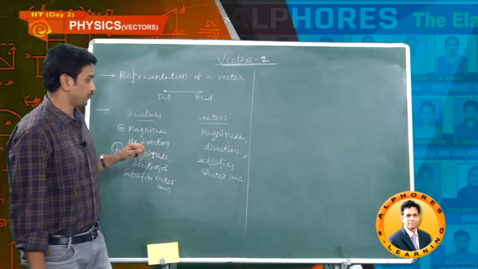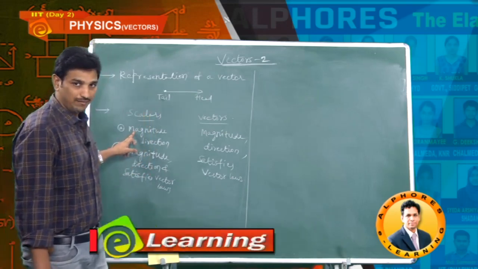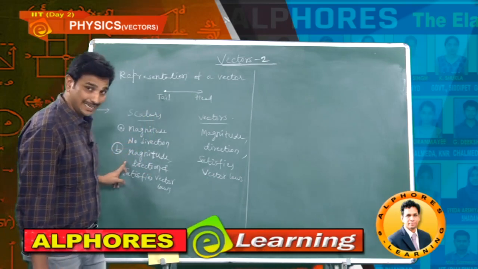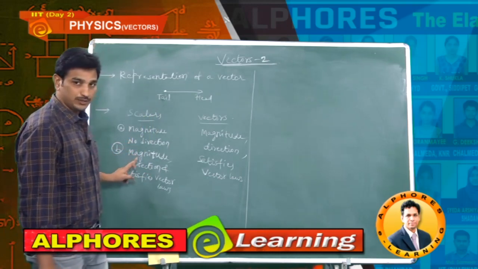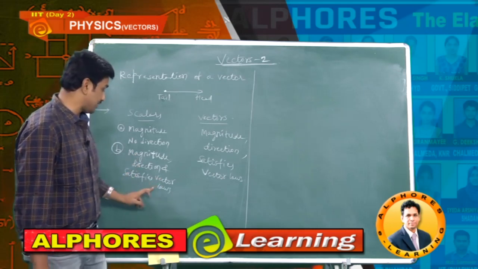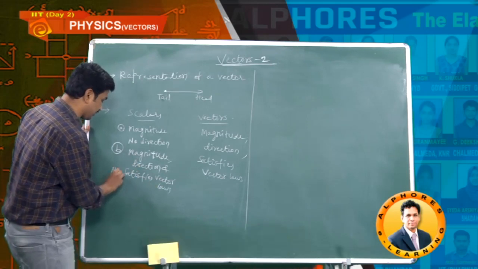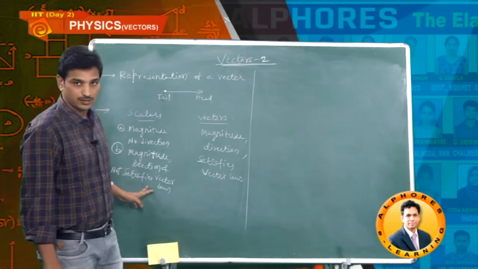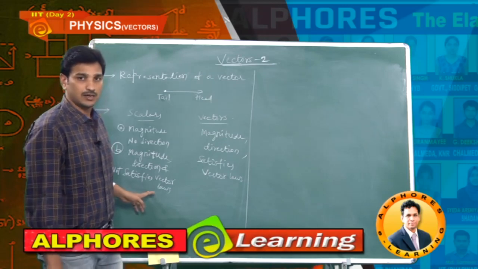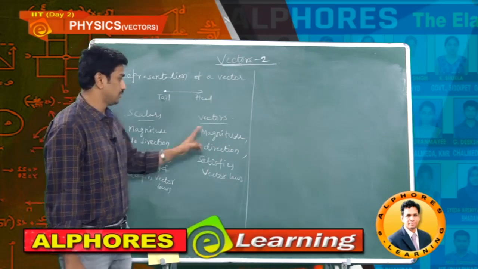The first one has magnitude, no direction. The second category has magnitude and direction, satisfying vector laws. Next class we will discuss what the vector laws are.